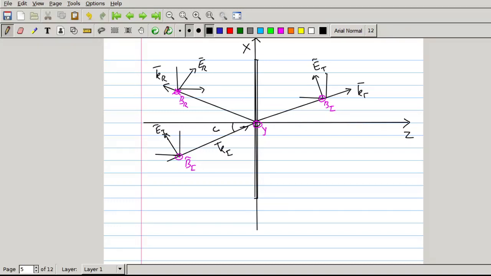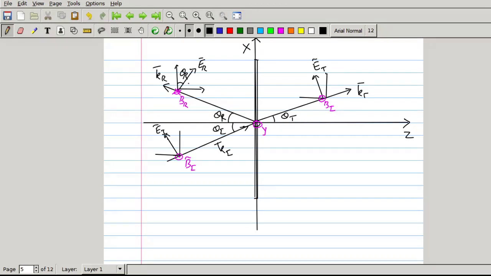Now this angle is theta I, this is theta R, this one is theta transmitted, and take the components along x, y and z direction. What about this angle? If this is theta R, theta reflected, then this line is perpendicular to this one. If theta is the angle between two lines, then the angle between their perpendiculars also will be theta.